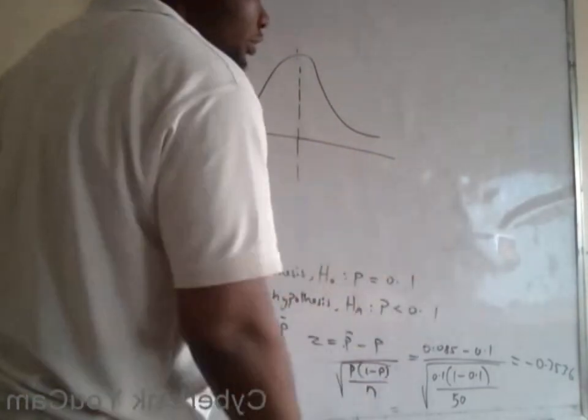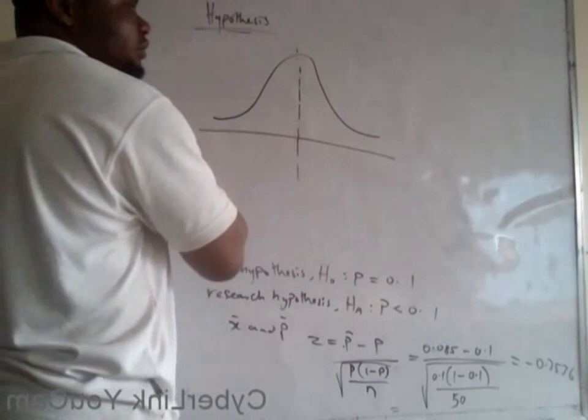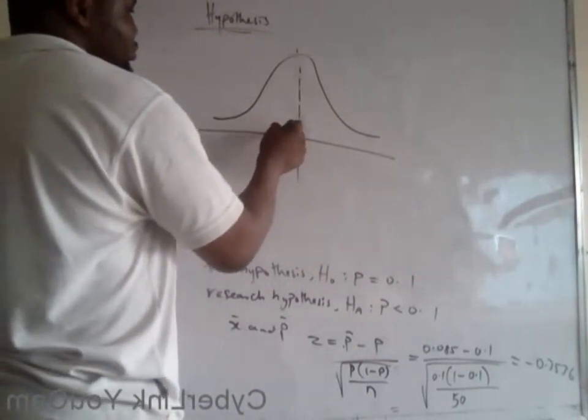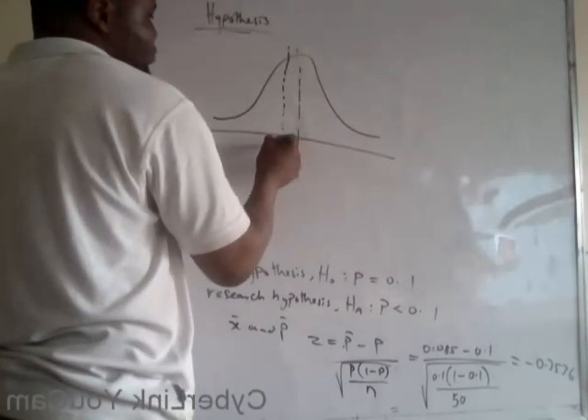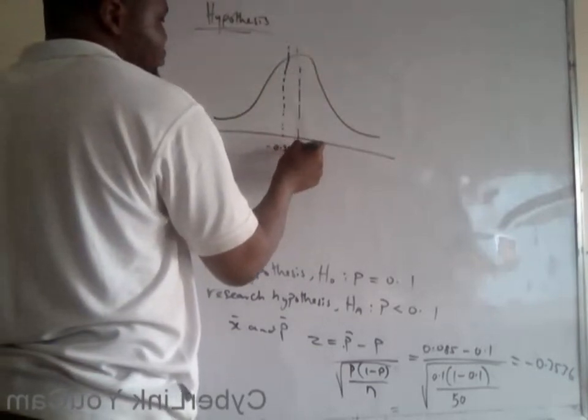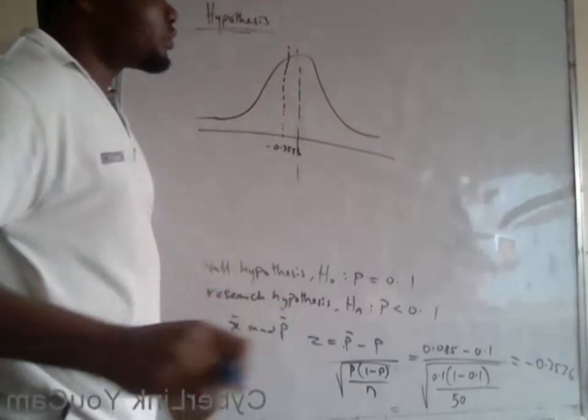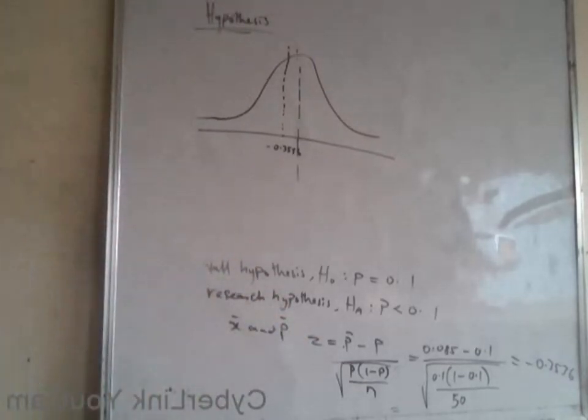Minus 0.3536 is on the left hand side, so it should be somewhere here. So we observe that the value, 0.35 standard deviations, is to the left of the normal distribution.